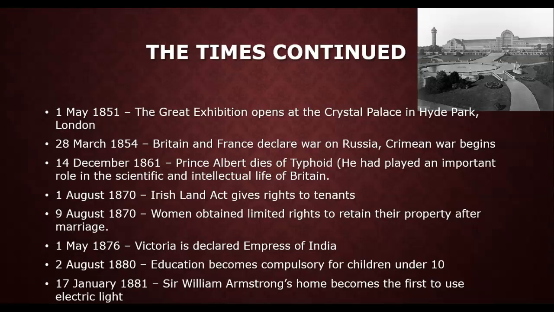December 14th, 1861, Prince Albert dies of typhoid. He had played an important role in the scientific and intellectual life of Britain. He is the one who pushed for the Crystal Palace. And the Crystal Palace actually was an exhibition center for industry. He pushed to get the steam engine. There wasn't a steam engine before this.